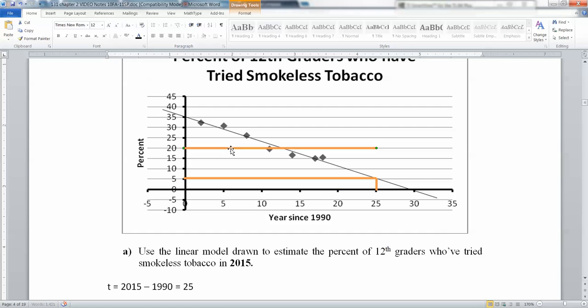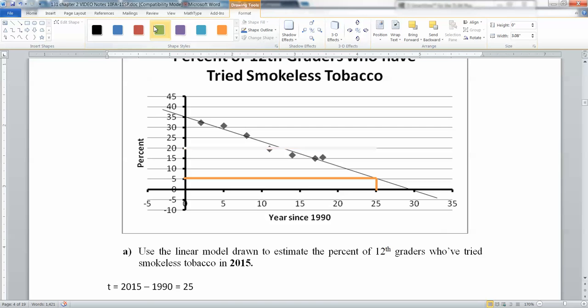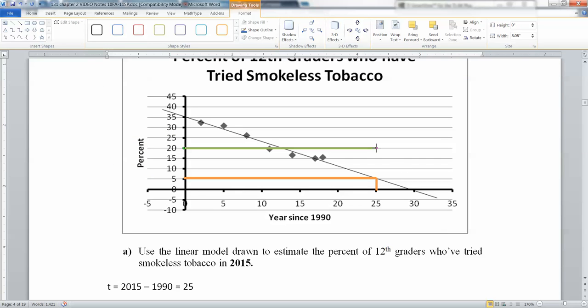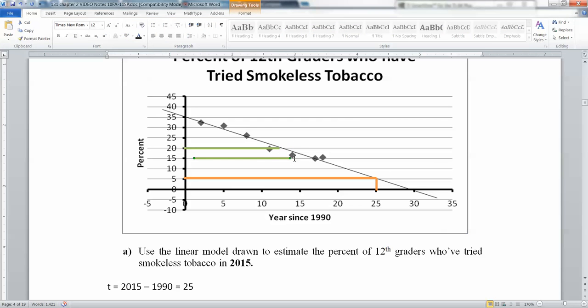I'm going to have to change the color here so you can see it a little bit better. How about green? Green looks good. So there's 20. And I want to drag this in. There you go. And then I'm going to make another line that matches it. So 20 kind of hit the line right there, and I'm going to make it come down and hit the x-axis.